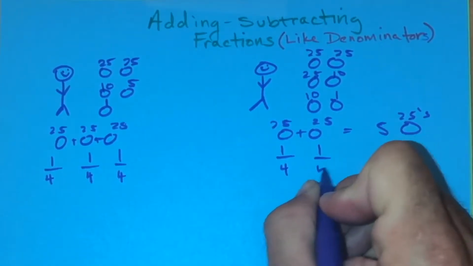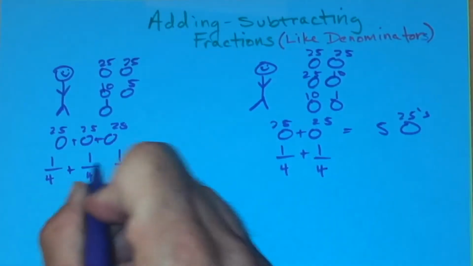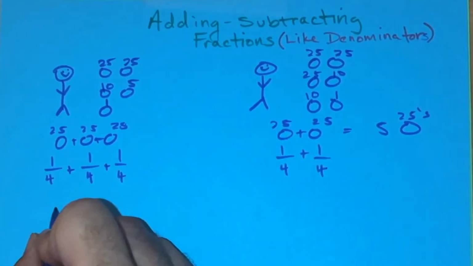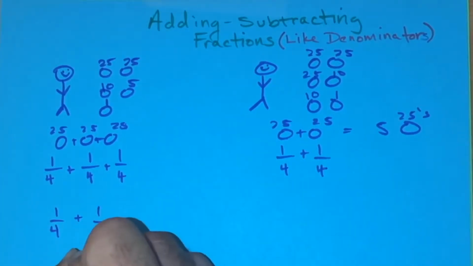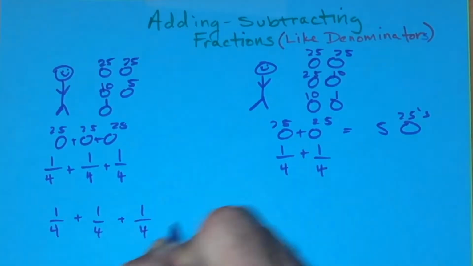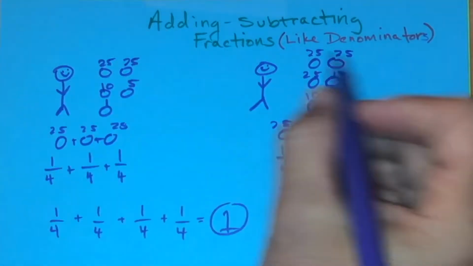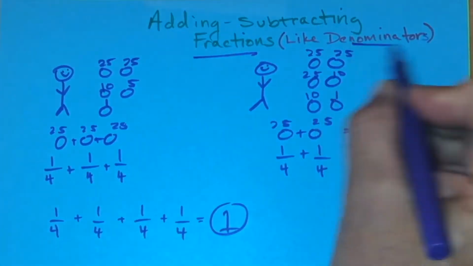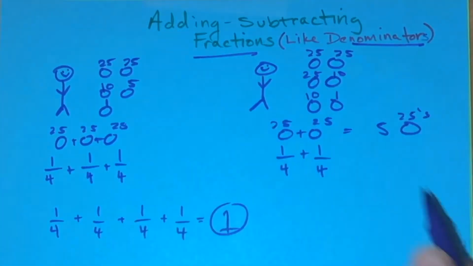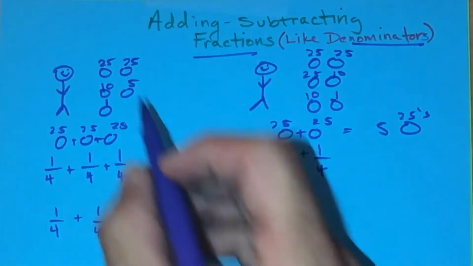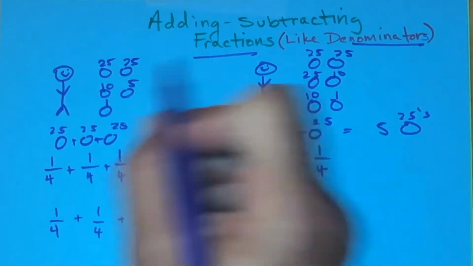And basically, money is a fraction of $1, right? 4 quarters make up $1. That whole idea of adding fractions with like denominators is basically like adding change based on adding the same quarters or dimes.